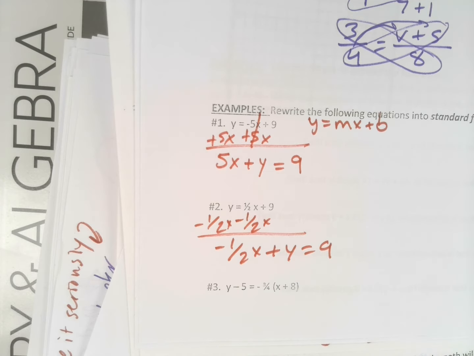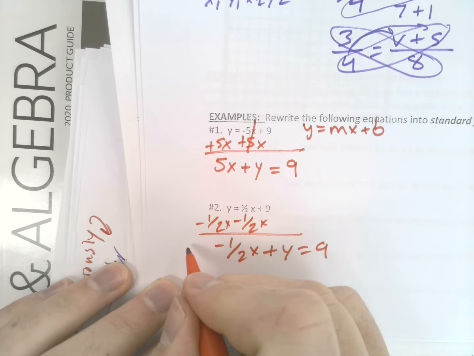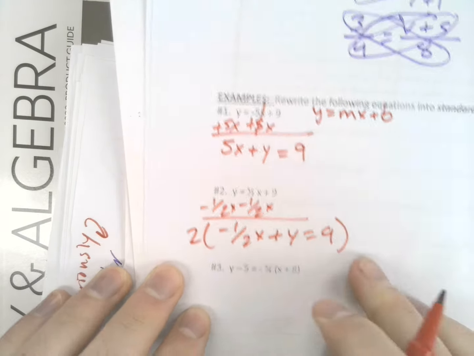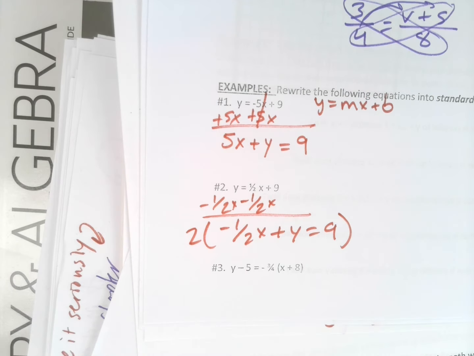What if you had x over 3 equals 9? How would you get rid of that fraction? You multiply by the denominator. Well, guess what? You do the same thing here. If you have a fraction, multiply by its denominator. The problem is, Jack, what else do we have to multiply by that too? That negative 1. You have to multiply the whole thing.